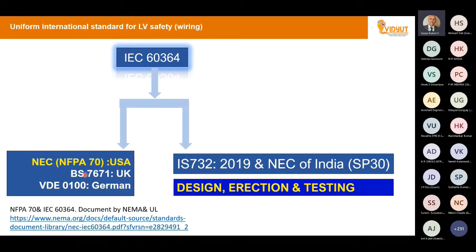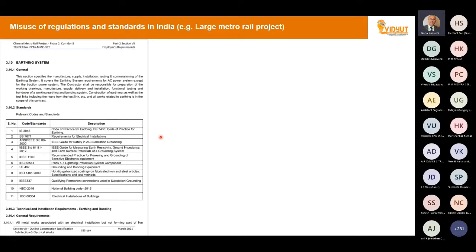Now, why I stress this is you don't need to go to the American standard or the British standard. This is very important. Now I will go a little bit out of the context and explain how rule and regulation can influence the final safety in an electrical installation. What I am showing you on the screen is a tender specification from Chennai Metro Railways. This has come very recently, probably a few months back, March 2021.